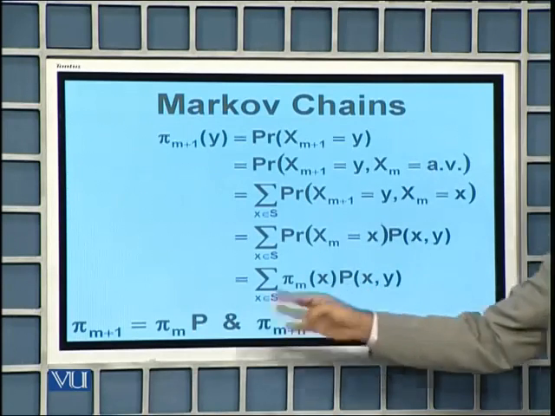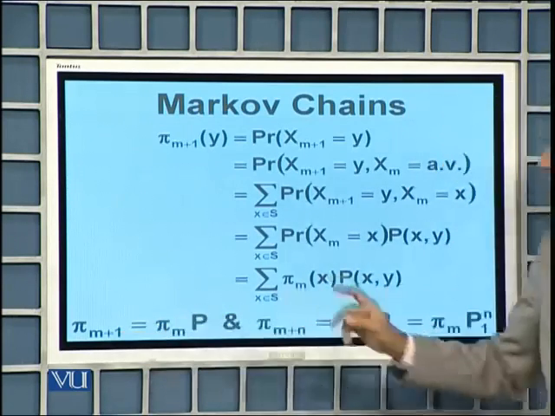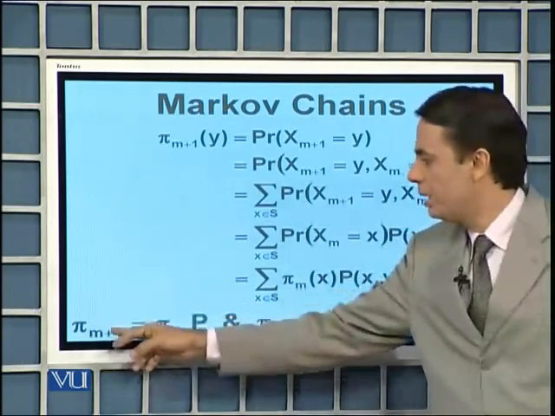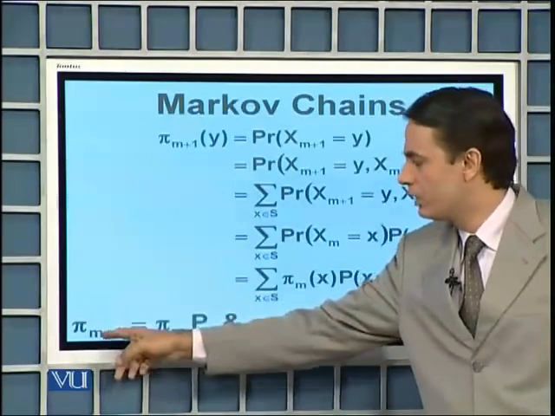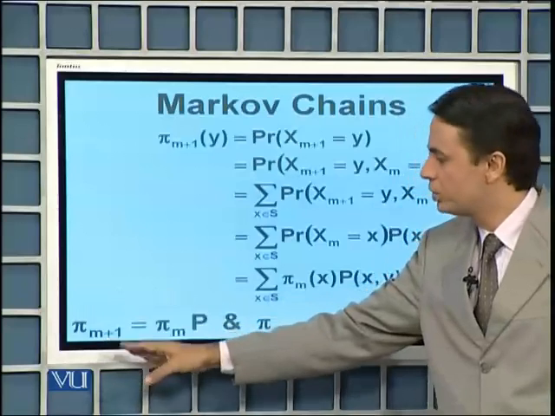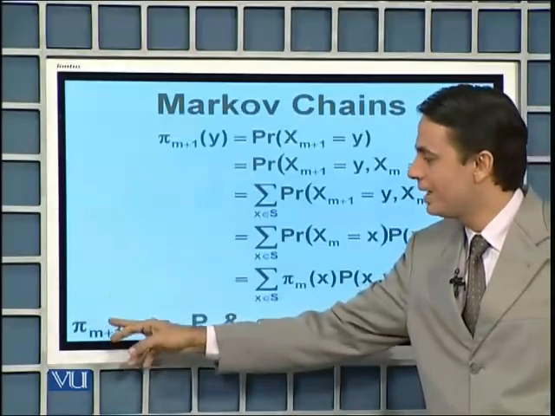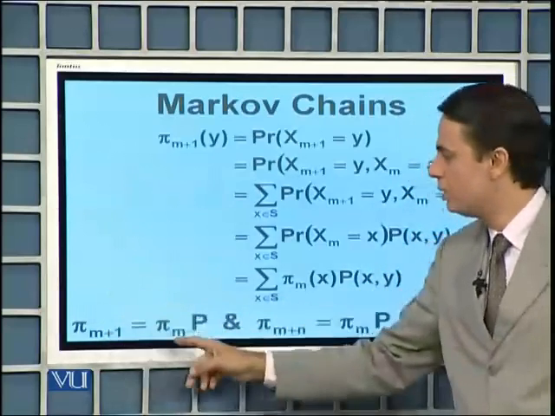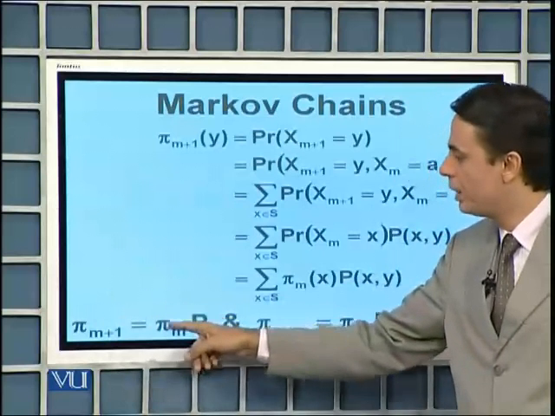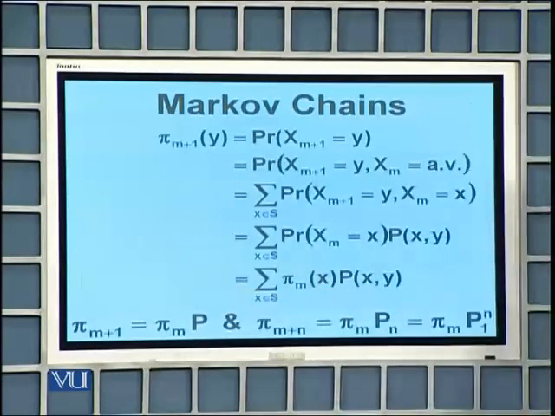And this is summarized as matrix multiplication, where pi_{m+1} represents a row vector of the probability distribution of random variable capital X_{m+1}, and this is equal to the row vector pi_m multiplied by P, where P is the one step transition probability matrix.